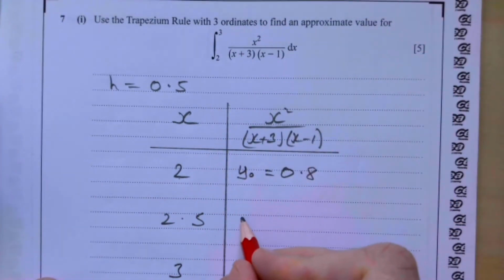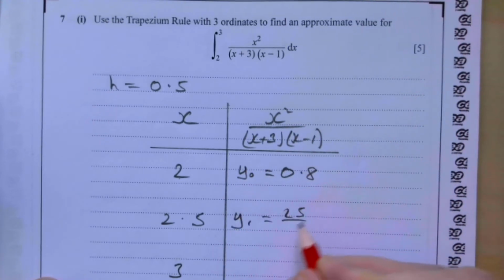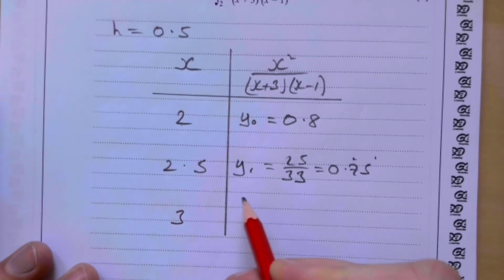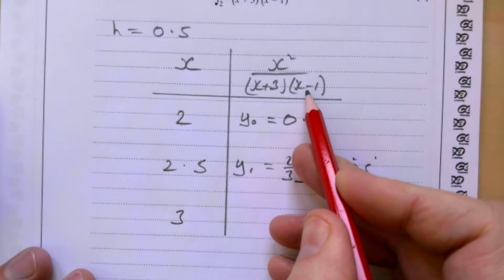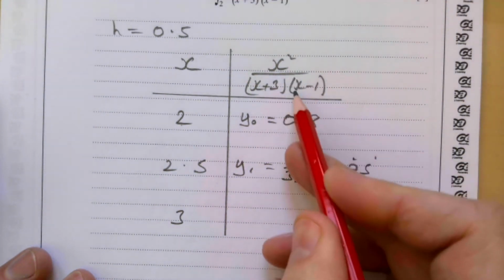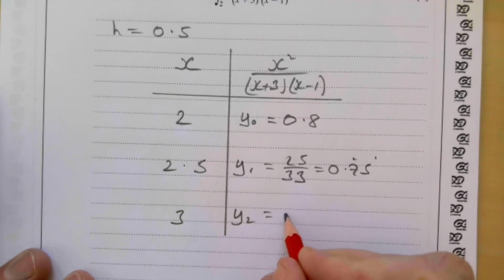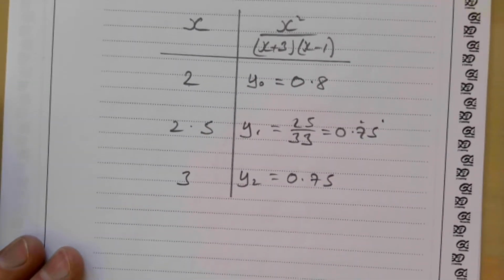It gives us our y1 value, which is 25 over 33 is our exact value, or 0.75 repeating. If you sub in the number 3, we have 9 on the top, and then 6 times 2 on the bottom, so that's going to be 9 over 12, which is 3/4, or 0.75.